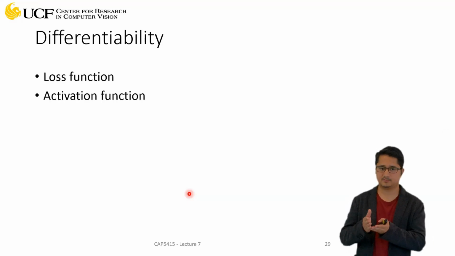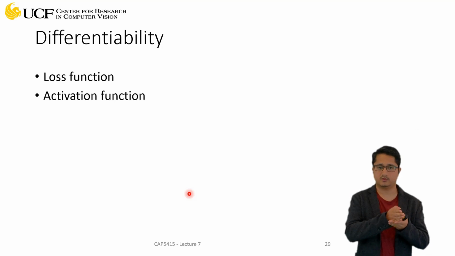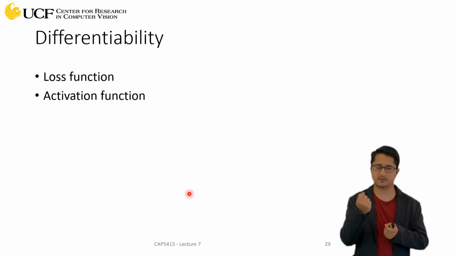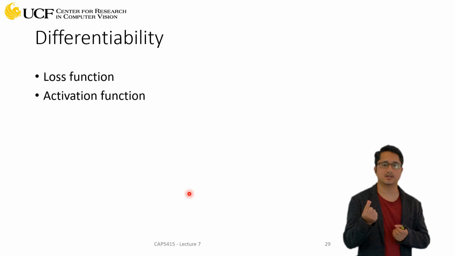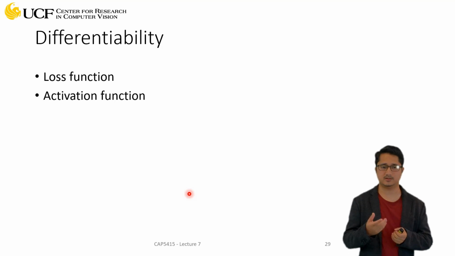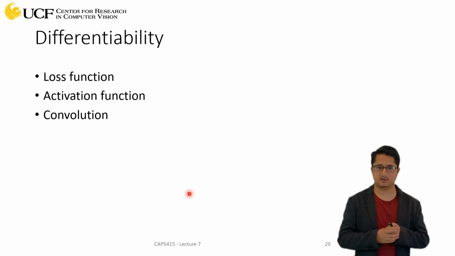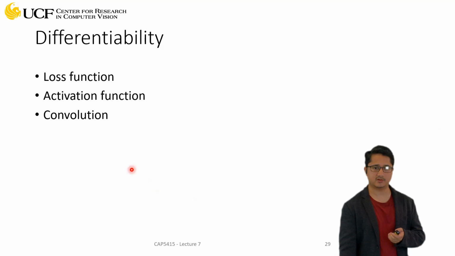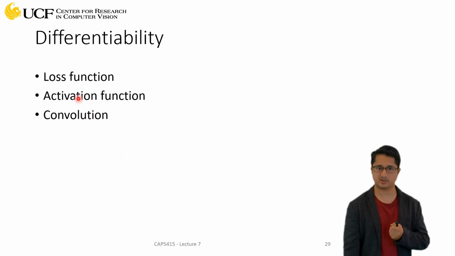Not just that, as you move further down in your network, because you are going to find the gradient of your loss with respect to those parameters, everything inside your network should be differentiable. That's the only way you will be able to find those gradients, because you can't differentiate discrete functions. So the activation functions in your network should be differentiable.